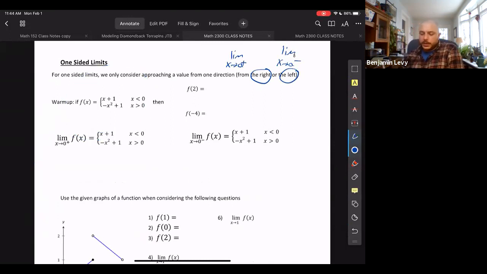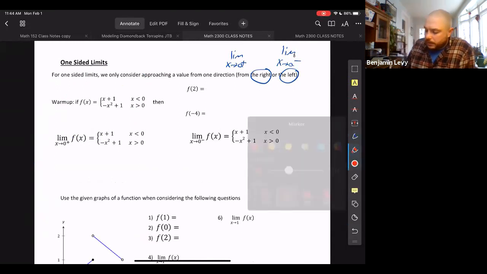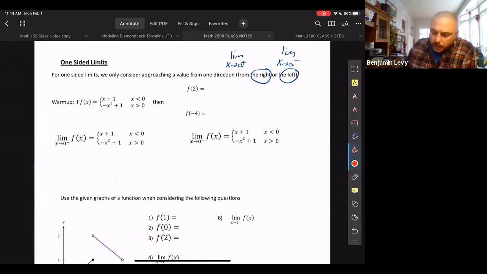So how does this function work? Well, basically it tells us that this function f of x looks like x plus 1 to the left of 0, when x is less than 0, and it looks like x squared plus 1 when x is bigger than 0.